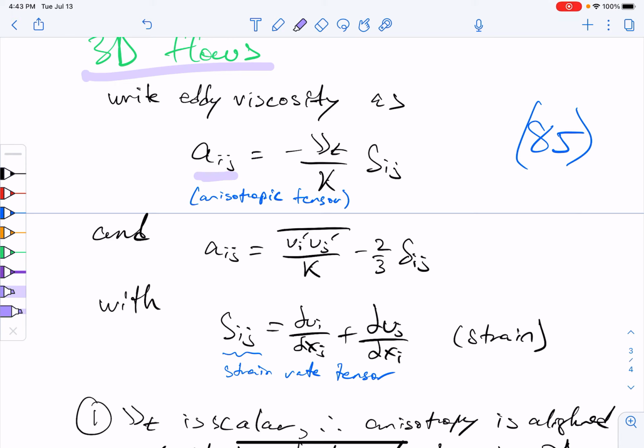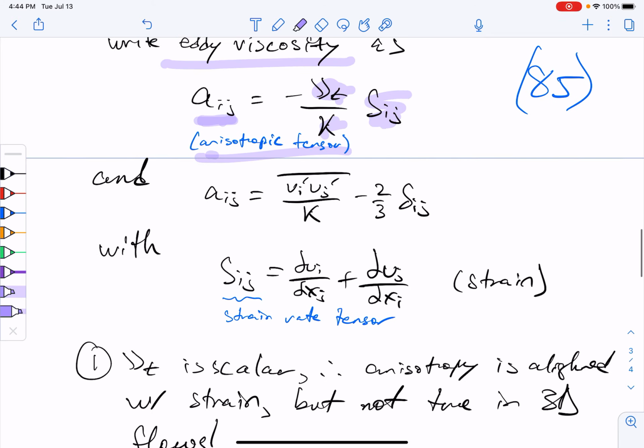In a 3D model, we would write the eddy viscosity nu t as some anisotropic tensor a_ij. That would be negative nu t over turbulent kinetic energy times the strain tensor. And to try to generalize the model, we might write the anisotropic tensor as the Reynolds stress tensor divided by turbulent kinetic energy minus 2/3 the Kronecker delta function, delta ij.